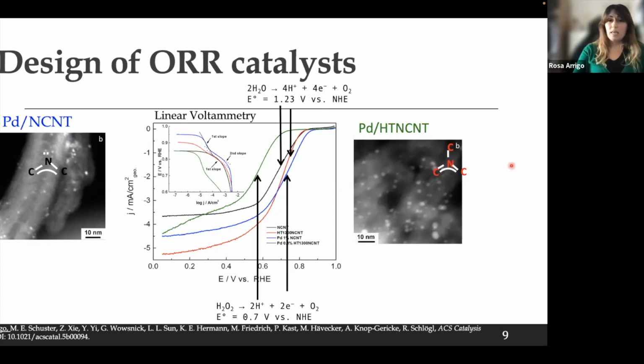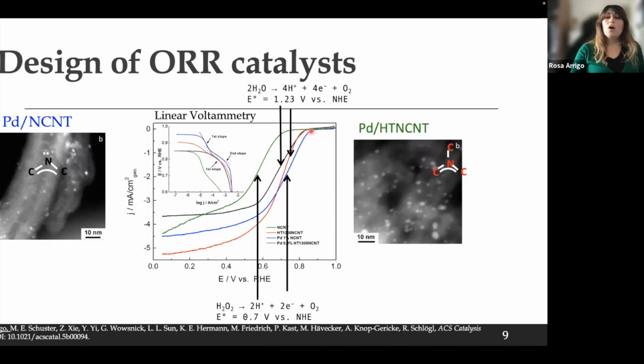Now, here you can see in black the starting carbon nanotube with both types of nitrogen, and the red one is the annealed one. We can see that the onset potential is the same. We have a 4 electron transfer reaction, which is what we want, with an increasing current density for the annealed one, which implies a better electron transfer, if you want.